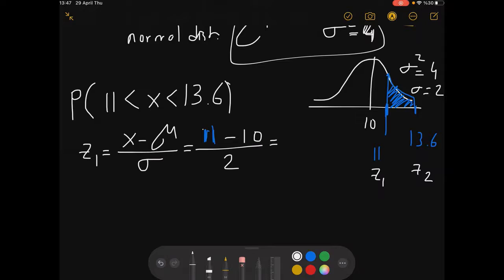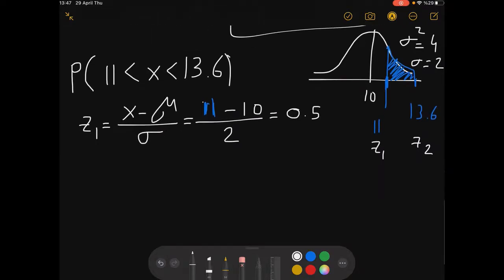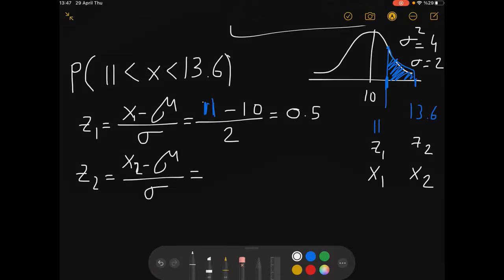And this would give you 0.5. And your Z2, let's say that this is x1 and x2. x2 minus mu over sigma, which is namely 13.6 minus 10 over 2, which is 1.8.